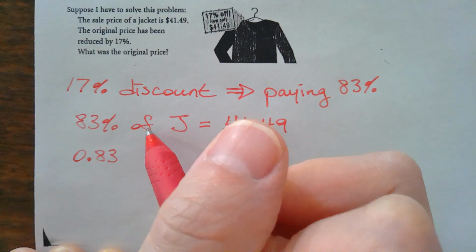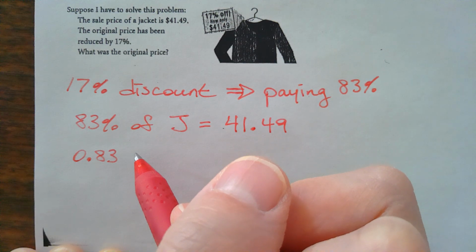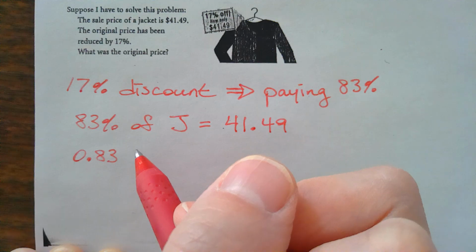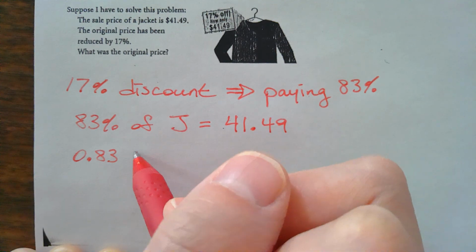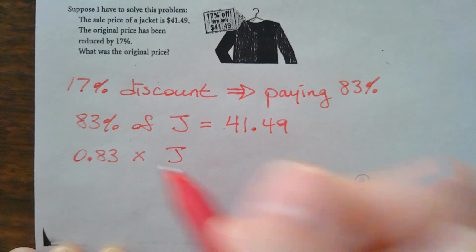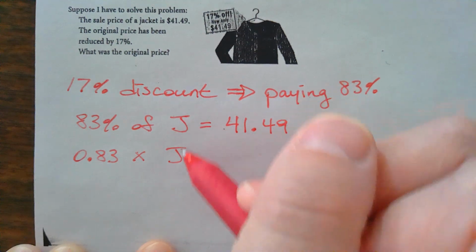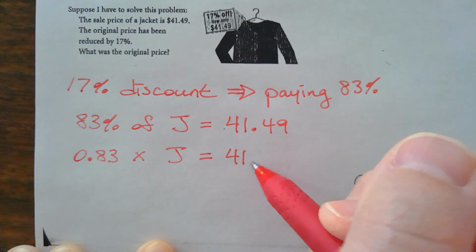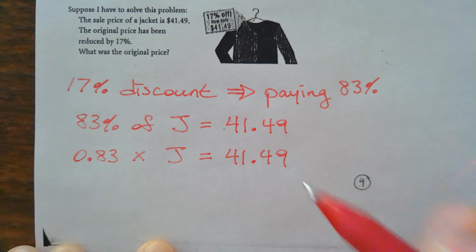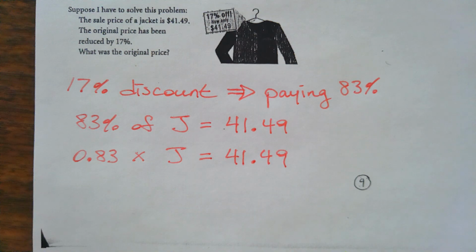Yara, what does of mean? Add, subtract, multiply, divide. Okay, of means times. Good. Times J for the jacket equals that. Okay. And then last step, let's see.